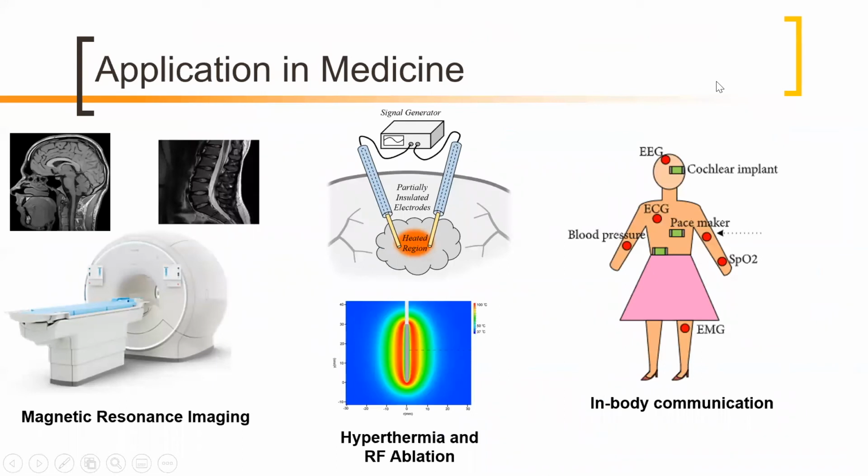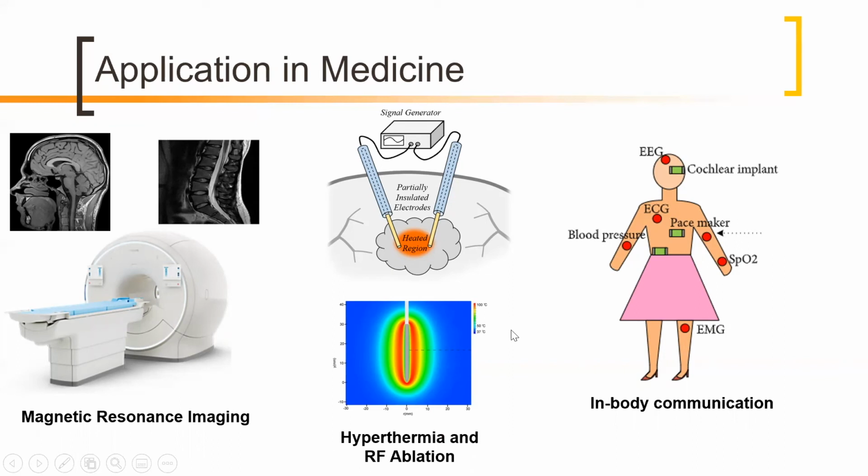Now, because of our understanding of the physics behind the interaction of radio frequency wave with the human body, we have been able to apply them in different ways medically. One quick thing that is just logical from all our discussions so far is that we can take advantage of the fact that the interaction of RF wave leading to energy absorbed creates some amount of temperature rise and use that for a therapeutic purpose. For instance, one quick application is hyperthermia or radiofrequency ablation, tumor ablation.